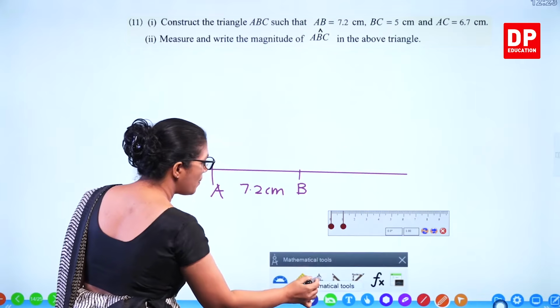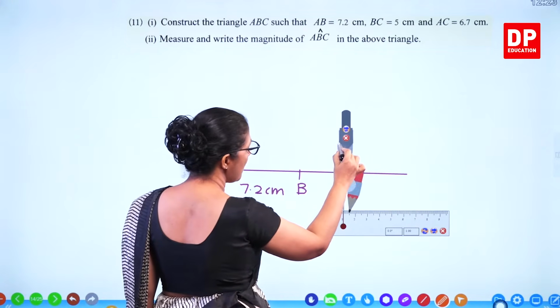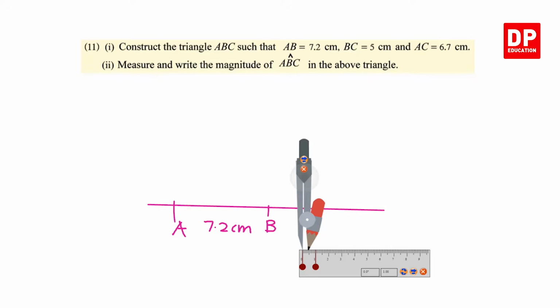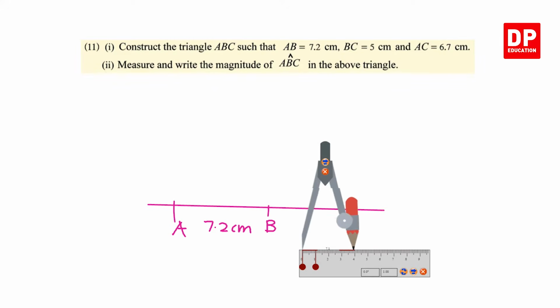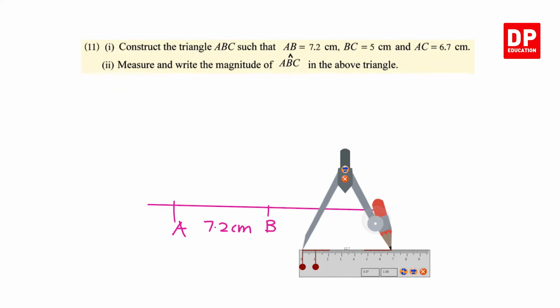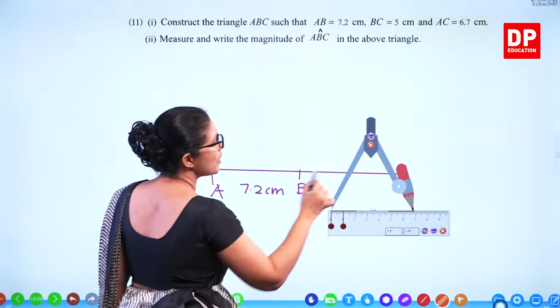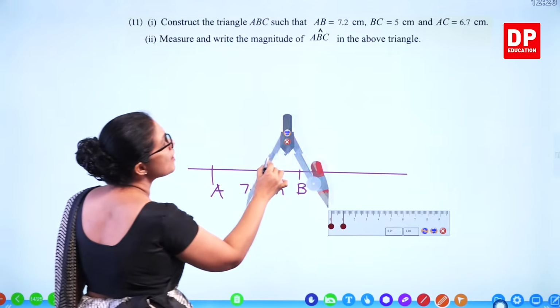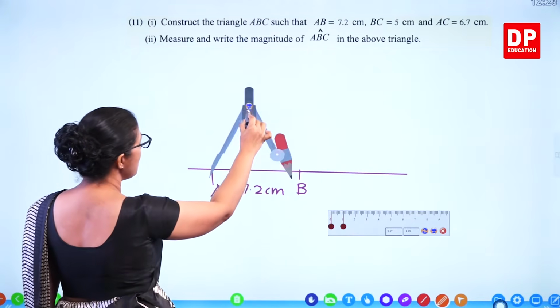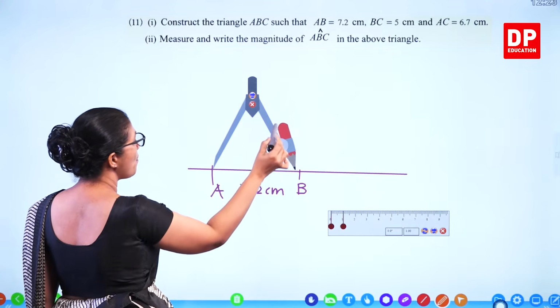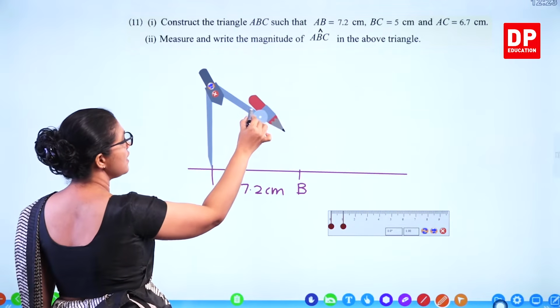So take the compass and we'll measure 6.7. So which one is 6.7? AC. So that means we have to keep the compass on top of a point and draw the arc.